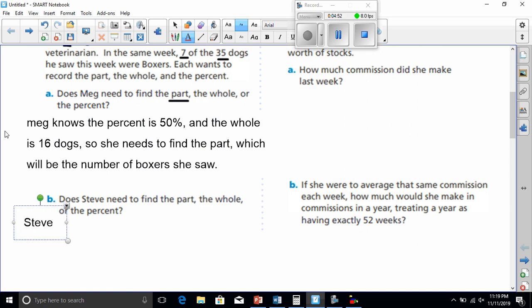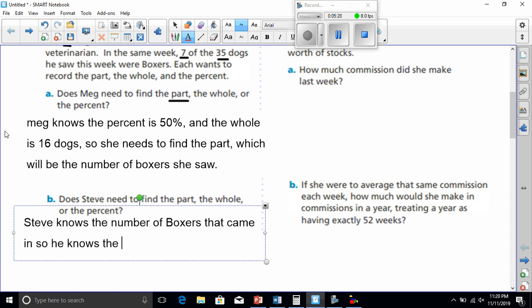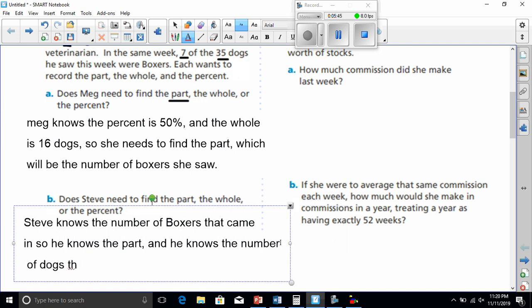So in this case, Steve knows the number of boxers that came in, so he knows the part, and he knows the number of dogs that came in, so he knows the whole.